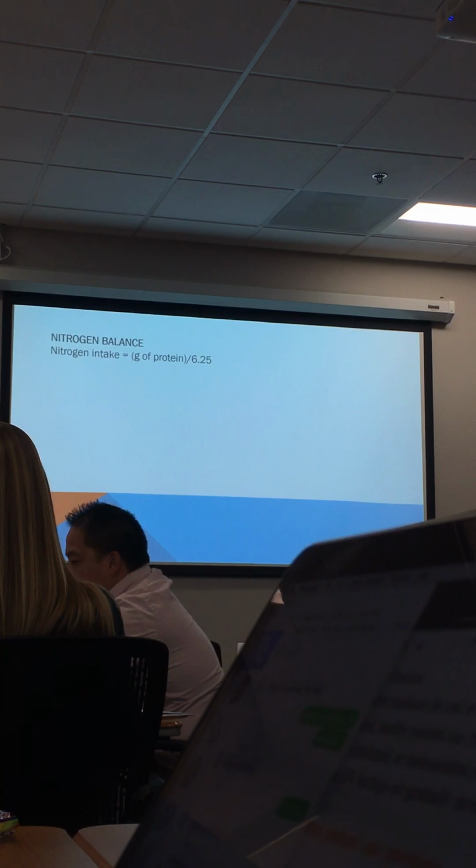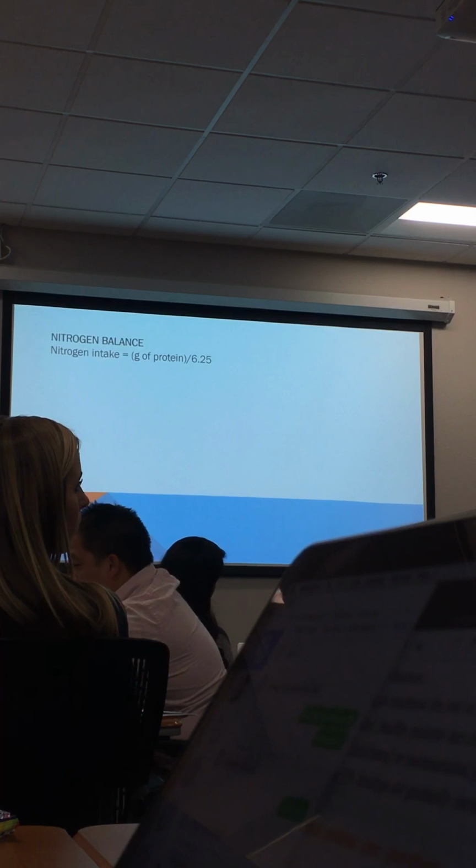And okay, so for this one, nitrogen balance: nitrogen intake equals grams of protein divided by 6.25. So these concepts are mainly used in NAPLEX exams. In reality, in the hospital, pharmacists do not calculate this.